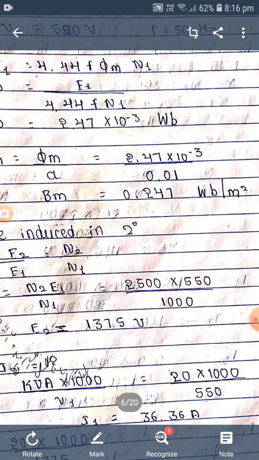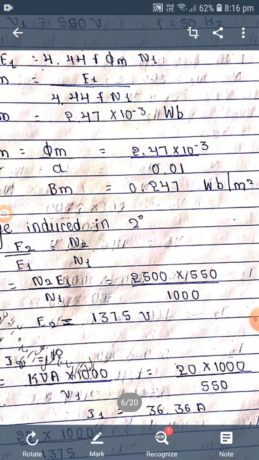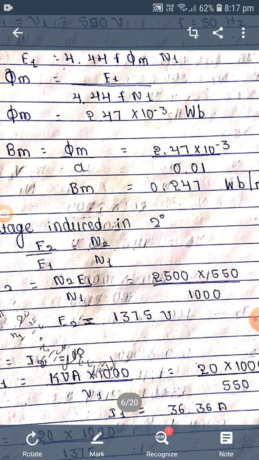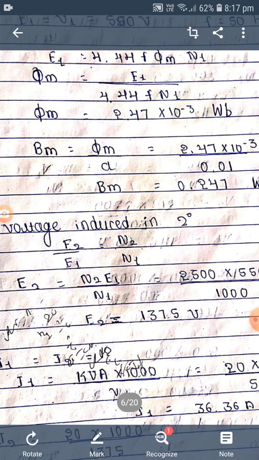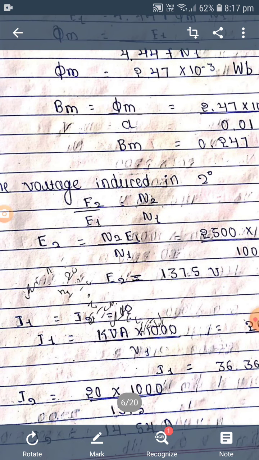E2, the induced voltage in the secondary, you keep on the left side, E1 you transfer to the right hand side. Then E2 is equal to N2 divided by N1 into E1. Substitute N2 is 2500, N1 is 1000, E1 is 550. Then you get the induced voltage E2 equal to 1375 volts.